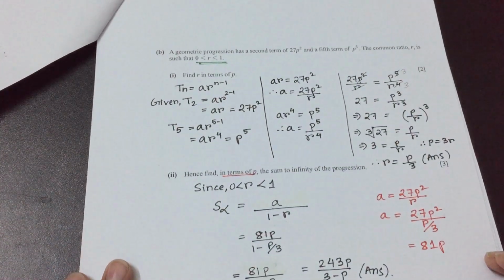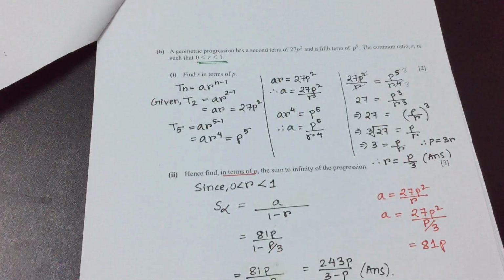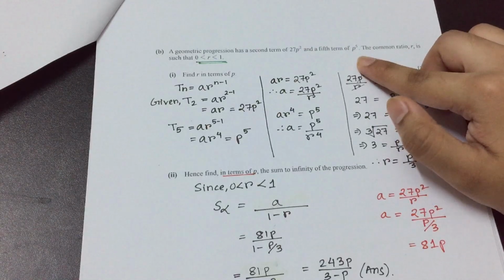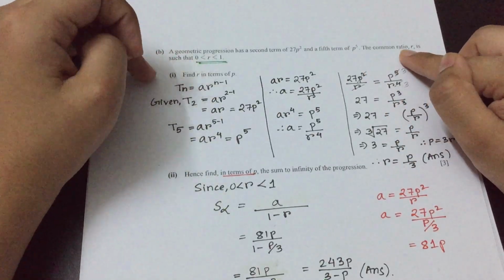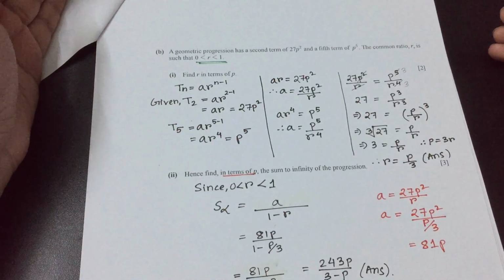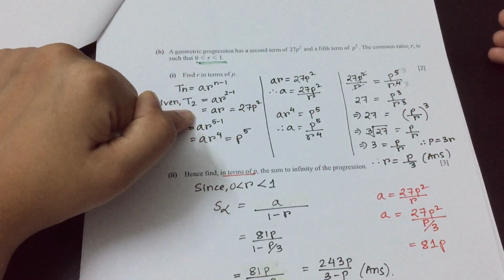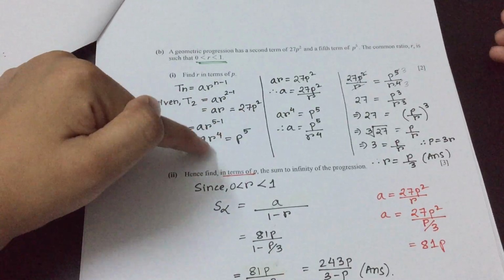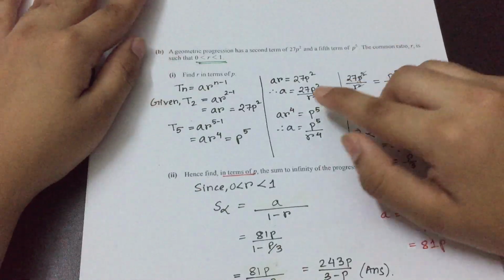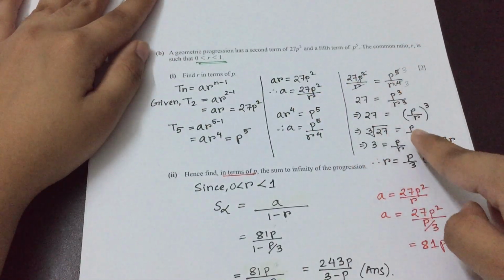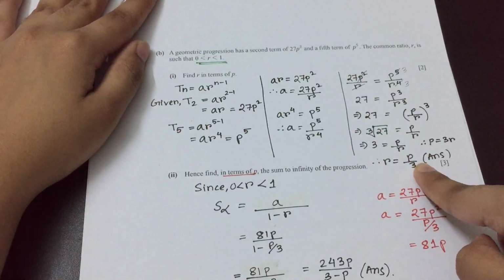In the second part it says the geometric progression has a second term of 27p square and a fifth term of p^5. So for a geometric progression, the term formula is ar to the power n minus 1. Since t2, the second term, and t5, the fifth term, are given, I have just used them in the formula, and then I eliminated a from both of them and equated them to find the value of r, which is p by 3.